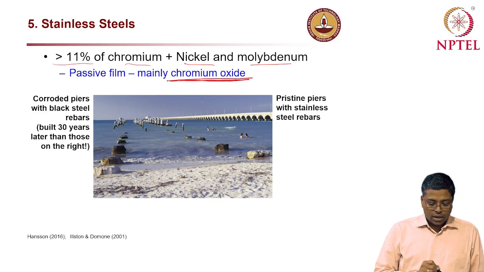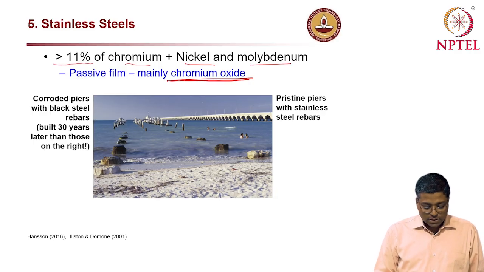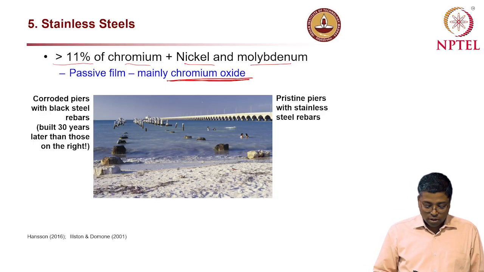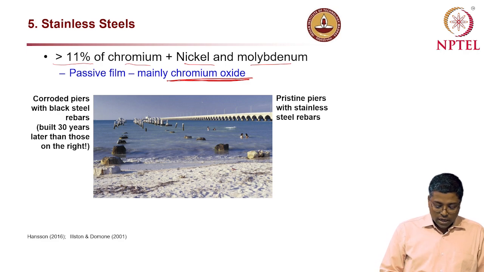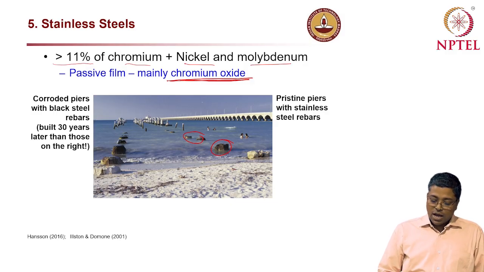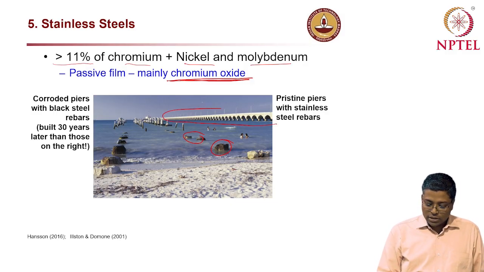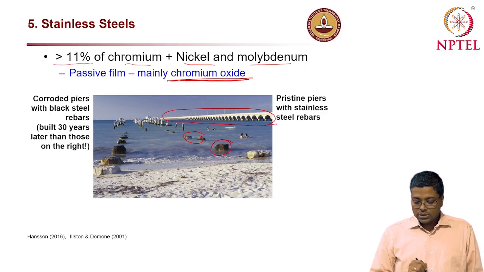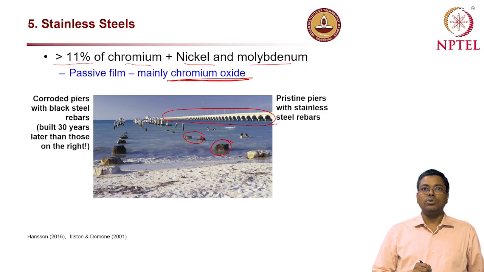And the picture here very clearly depicts the advantage of the stainless steel. On the left side, what you see are these pillars, which were built about 30 years after building this structure, which is made of stainless steel. So this bridge on the right side is still standing without any corrosion issues.